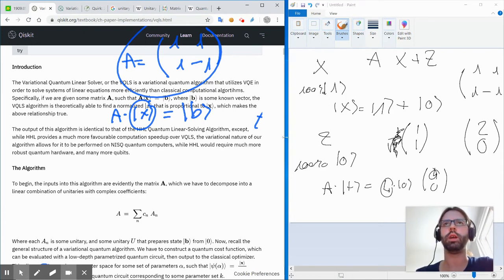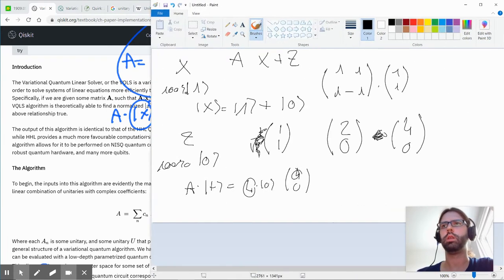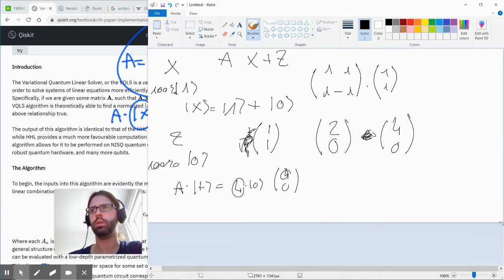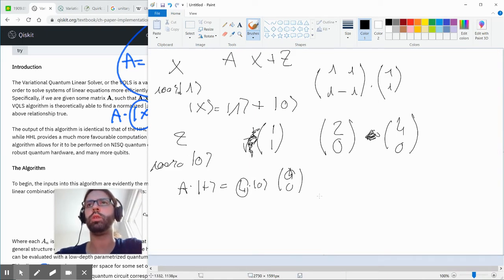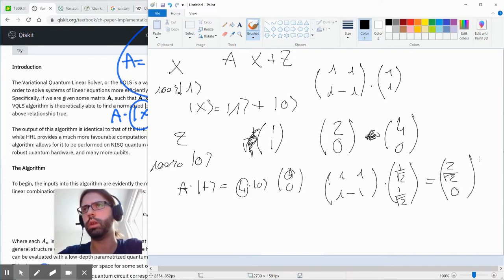So the truth is that if I stick to this convention, the matrix is like this, and if I multiply that, it's basically these and 0, right?